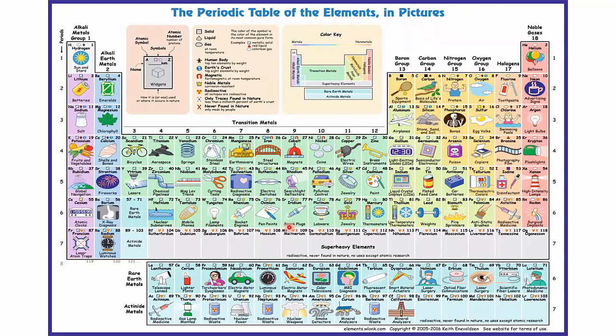Hence we have to study all these elements very carefully. Now let's move towards the next section of this chapter, that's trends in the periodic table. Trends mean there is some gradation in the properties of elements.